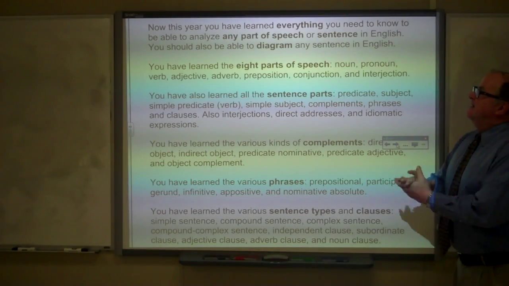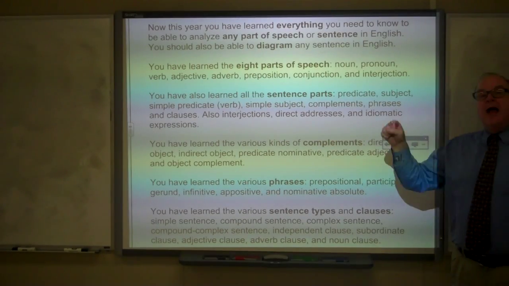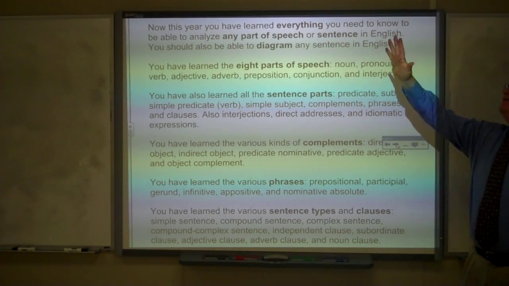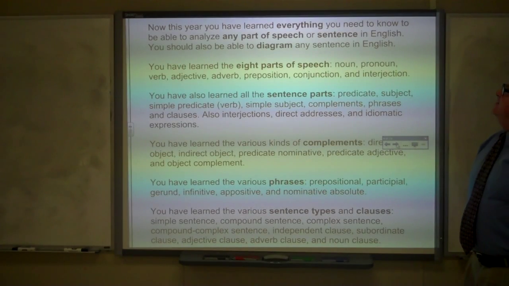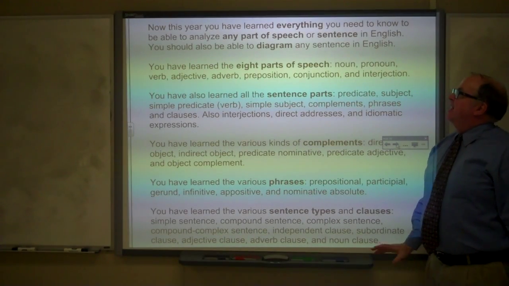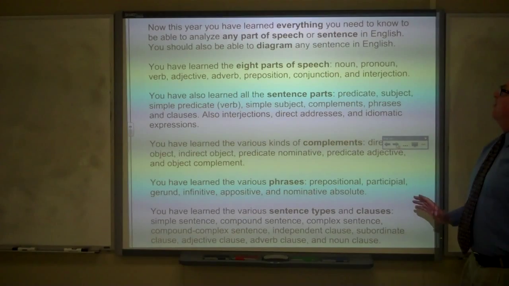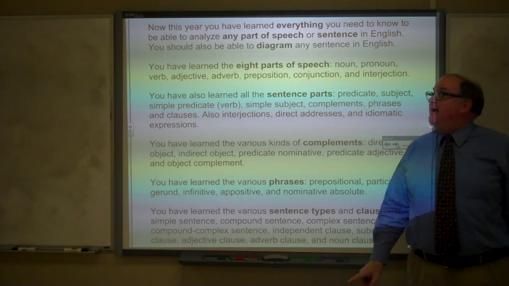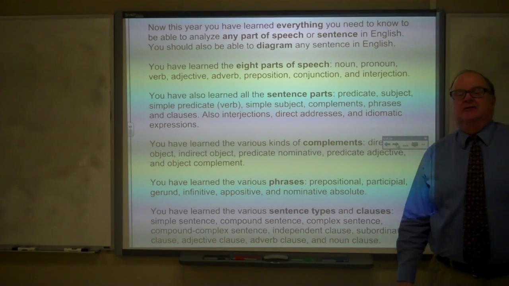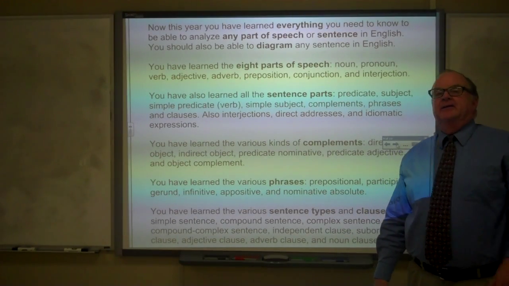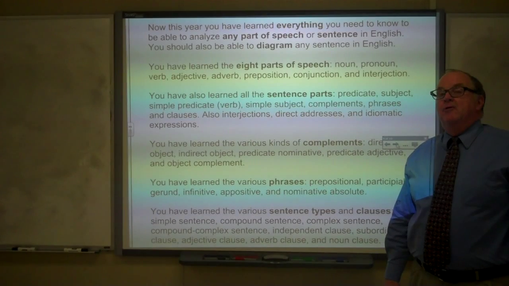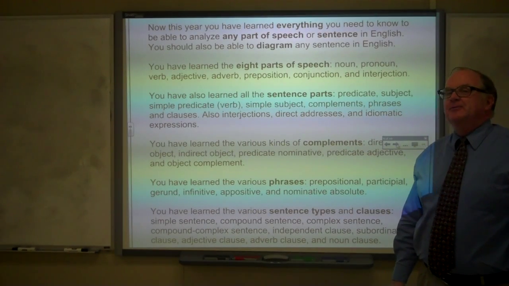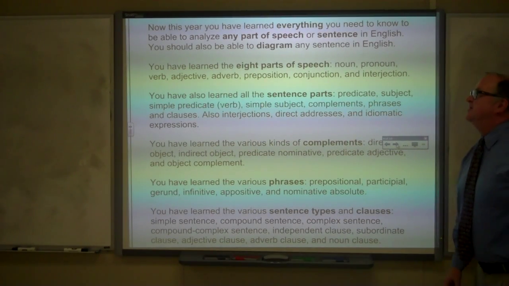So, this year, you have learned everything you need to know to be able to analyze any part of speech or any sentence in English. You should also be able to diagram any sentence in English. Hint, hint. Romeo and Juliet. Ooh, a challenge.